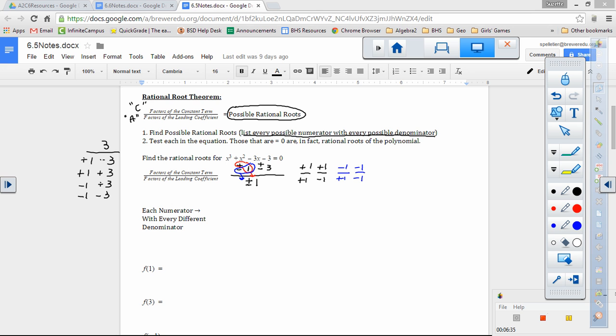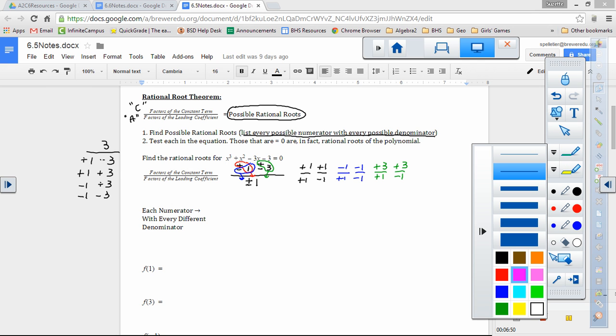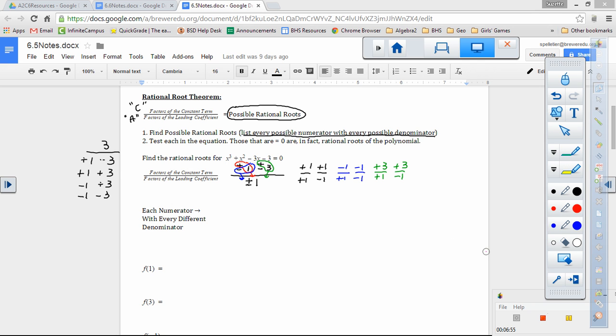And now let's do that with 3. So I'm going to do +3 with both denominators, +3 with +1, +3 with -1. And then I'm going to do it again, but this time with -3, again with the denominators. -3 with +1 and -3 with -1.